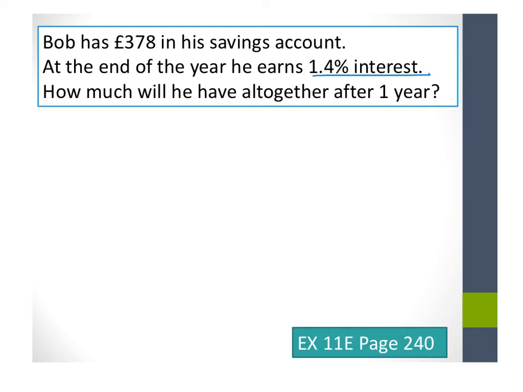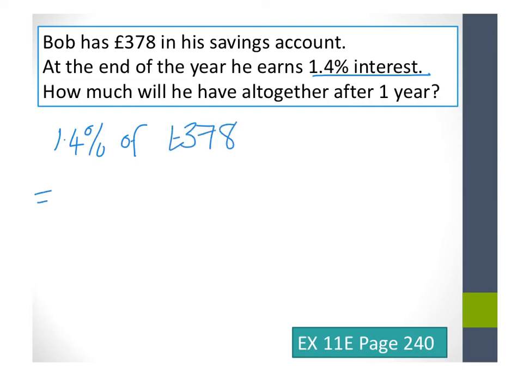So if we want to work out how much he'll have at the end of the year, he's got what he started off with, then the bank is going to add some interest on, so it's going to be an increase. So interest is an increase. So we need to work out what 1.4% of £378 is.